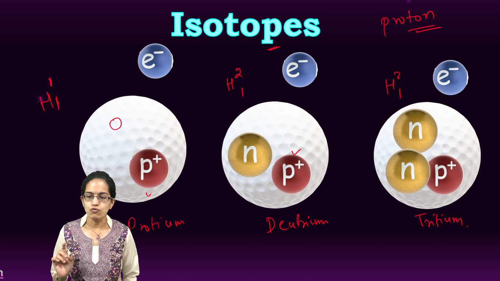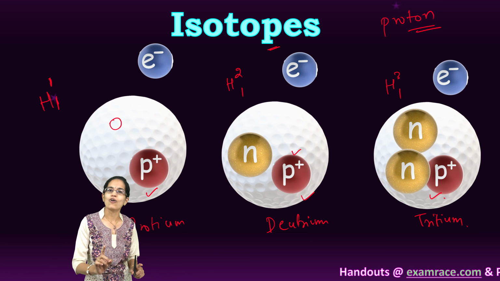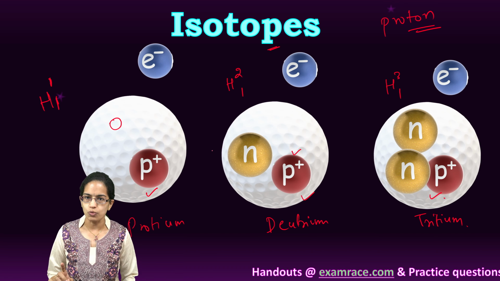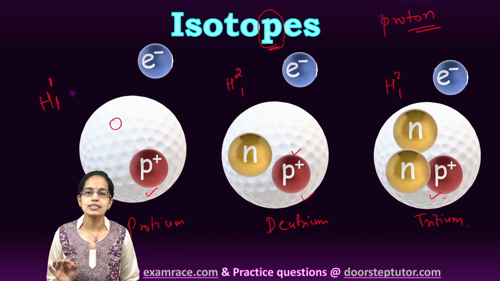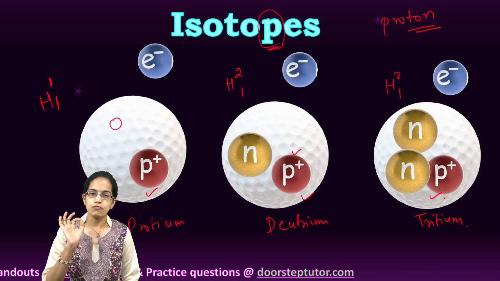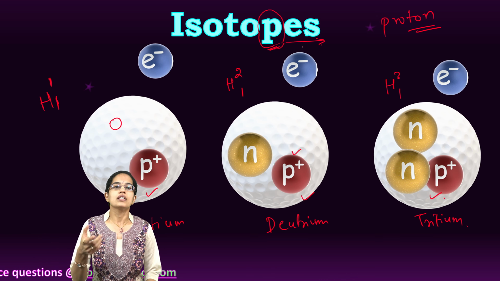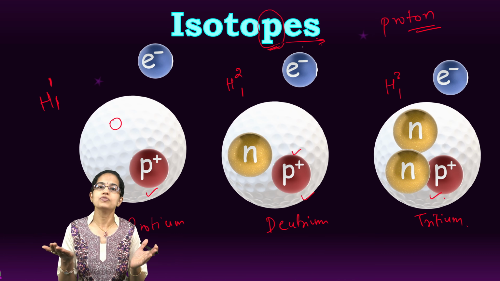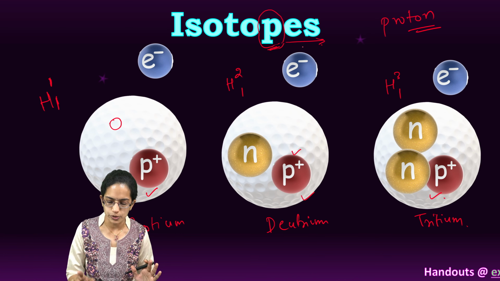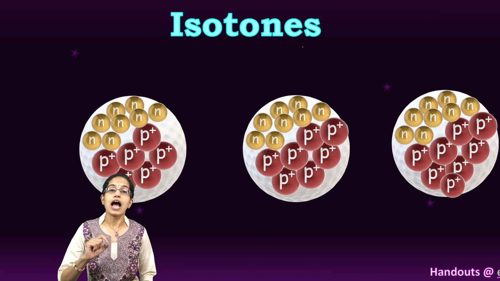You have one proton in each of those, and therefore they are called isotopes. I repeat again, the P here stands for proton, and isotopes means the atoms that we are comparing have the same number of protons. So very clear.